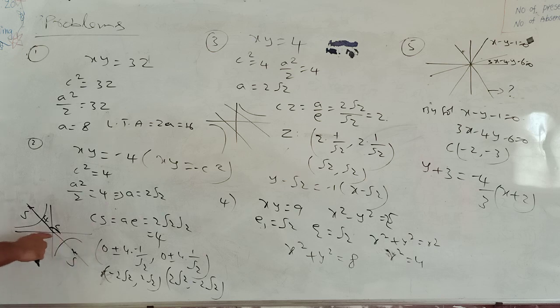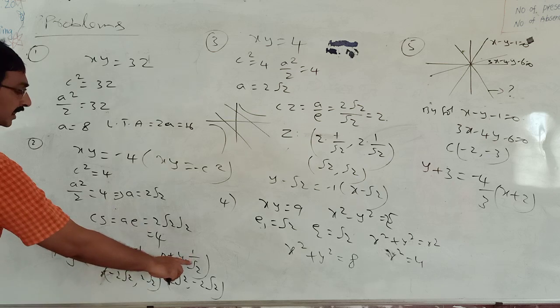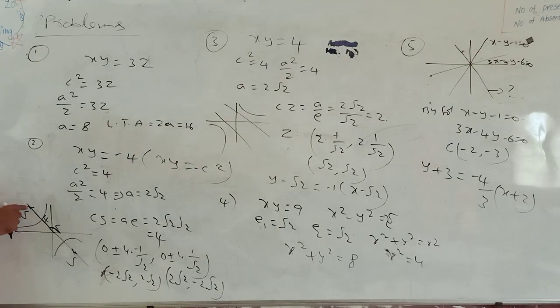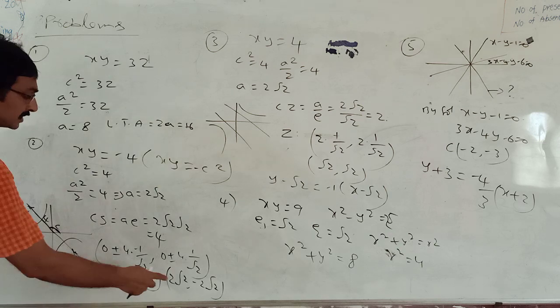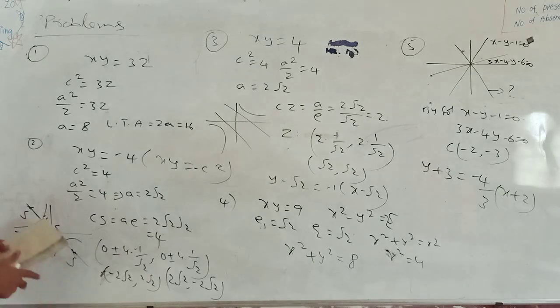Therefore x1 plus or minus r into cos theta, cos 135 is minus 1 by root 2, sin 135 is 1 by root 2. In the second quadrant signs are minus plus, so minus 2 root 2 comma 2 root 2. In the fourth quadrant the signs of the coordinates are plus minus, therefore the second focus is 2 root 2 comma minus 2 root 2.